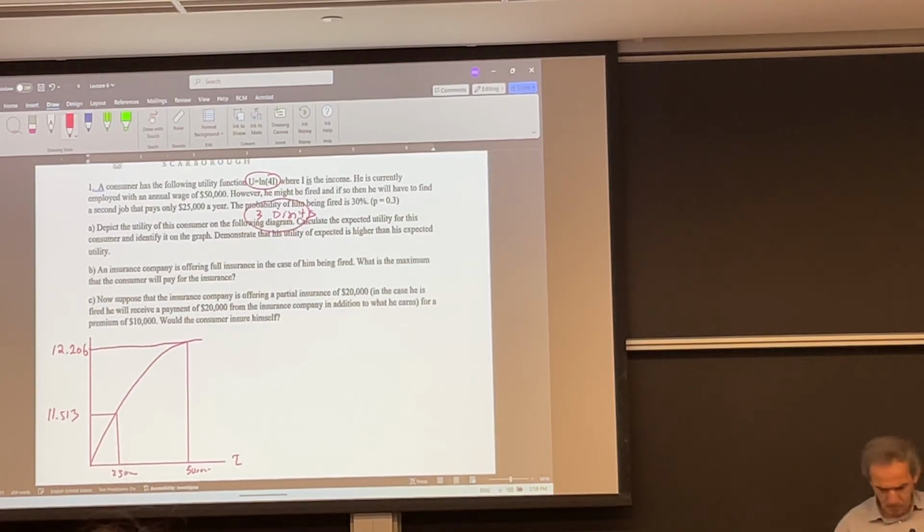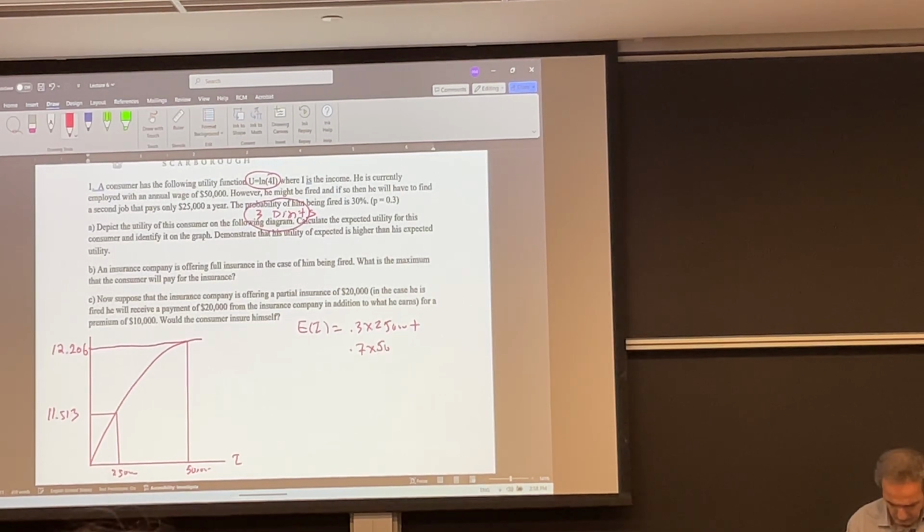Okay, we got those. So now we need the expected income and then the expected utility. That's the expected income. What do you got? I need the expected income, then I need the expected utility.